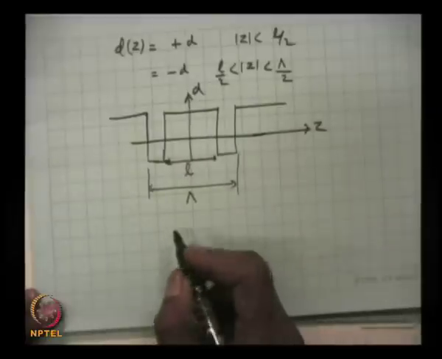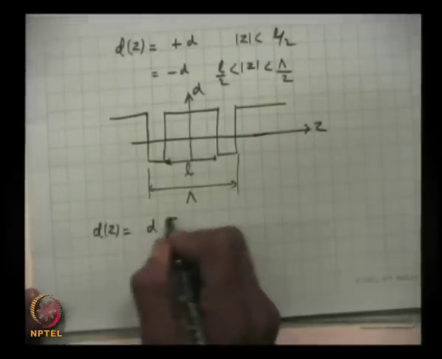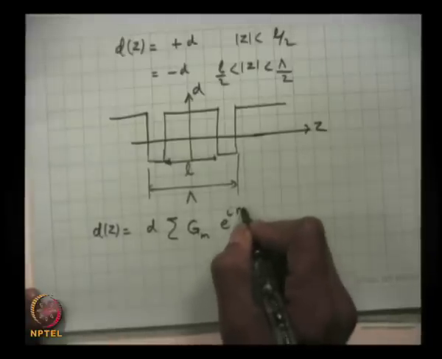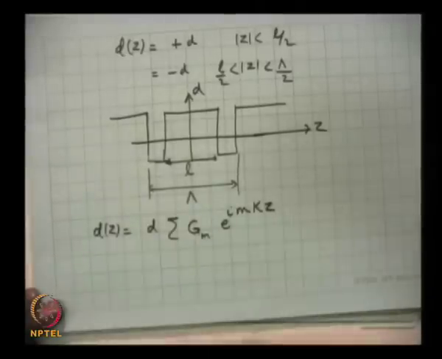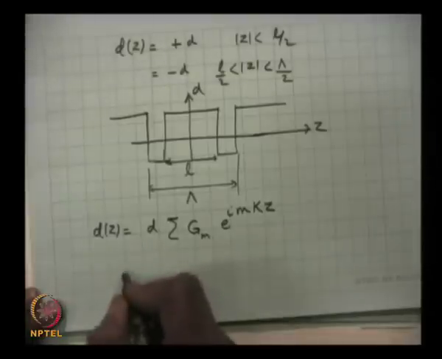Okay. So let me leave this problem to you. Simple Fourier series. So this is my function as a function of z. So assume d of z is equal to d times sigma g_m exponential i m k z. Fourier series in terms of exponentials, not sine cosine. Calculate g_m.